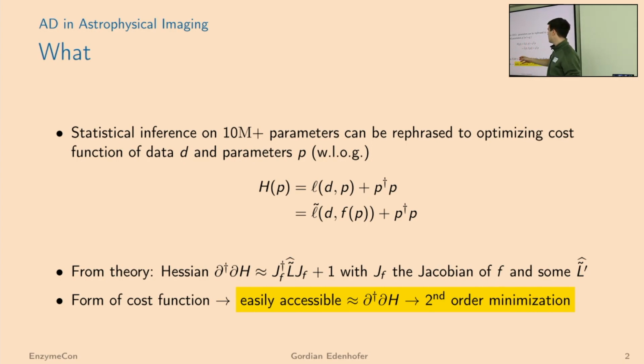What we're doing here is we have the Fisher metric for the likelihood, and then we use the curvature of this regularization term as the Hessian for P prime P. This approximation to the Fisher metric is by construction always positive semi-definite, because this decomposition of J prime J is by construction always positive semi-definite. And if you then add something that is positive definite, namely this unit matrix here, you always achieve something that is positive definite.